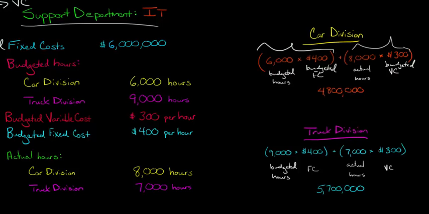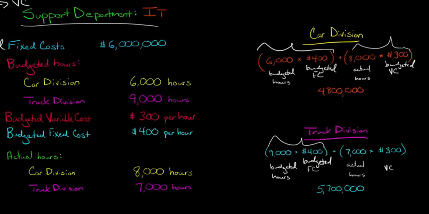So now let's look at the truck division, and we're going to do it the exact same way, right? So we've got how many budgeted hours? Well, we've got 9,000 budgeted hours for the truck division. We're going to multiply that by the budgeted fixed costs per hour. So that is $400 times 9,000, budgeted times budgeted.